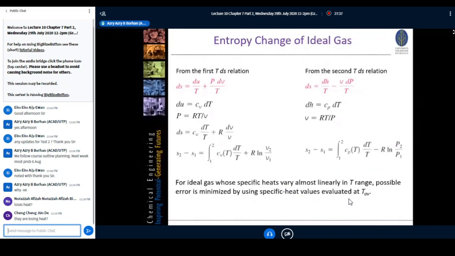You have looked at how we can simply solve problems using the entropy for incompressible substances.